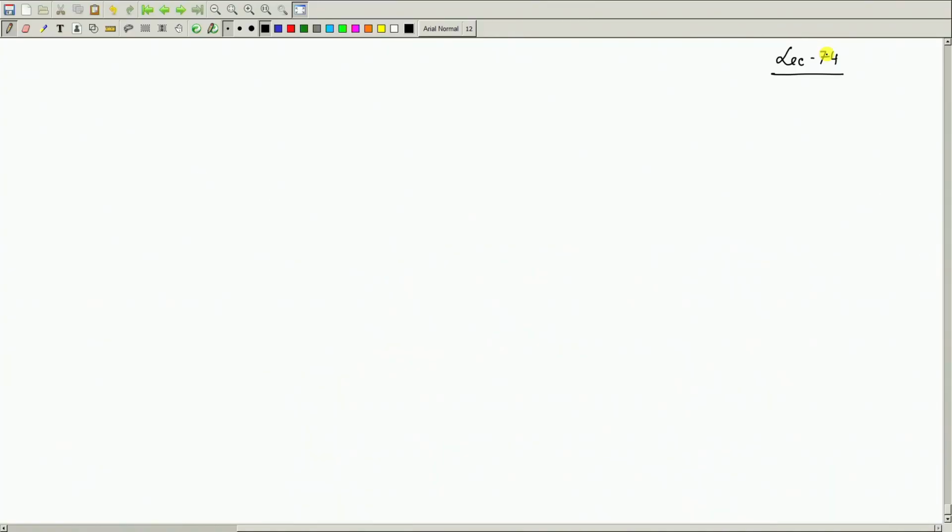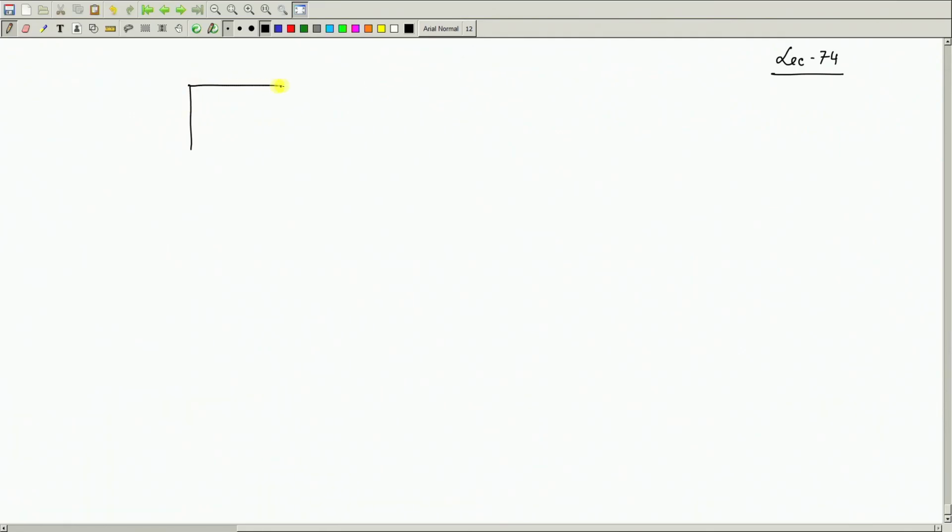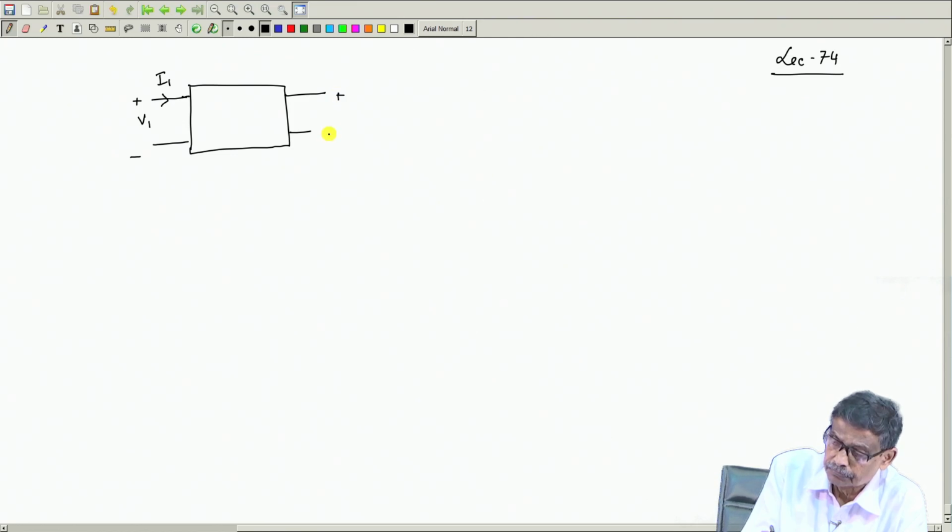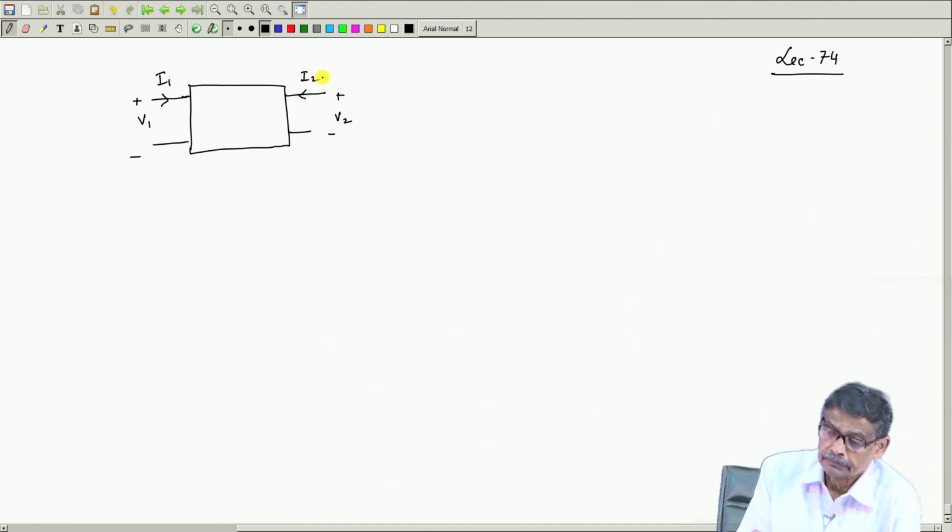So, welcome to the next lecture on two port networks. We have already seen that any given two port network like this can be described in terms of input port voltage and current and output port voltage and current, and this is how the convention is followed.